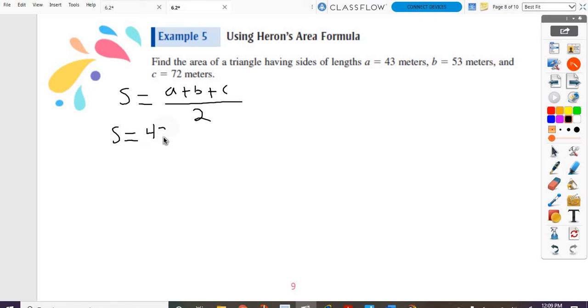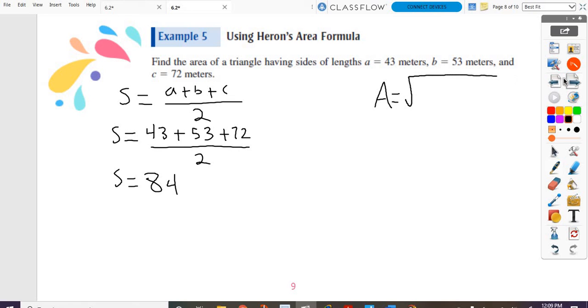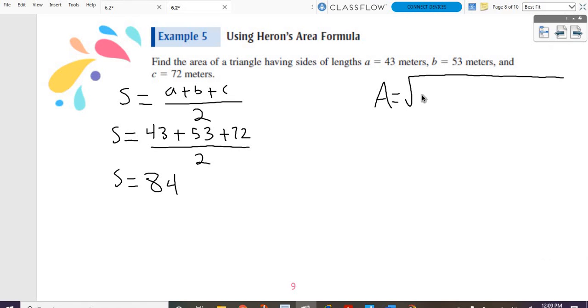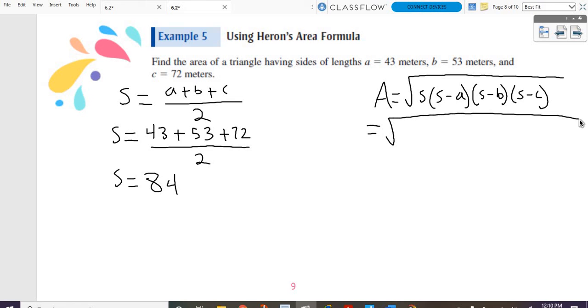So we have 43 plus 53 plus 72, all divided by 2. So what do we end up with? 84. Then once we have that, we can just use our area formula, which remember is S times S minus A times S minus B times S minus C, all underneath a square root.